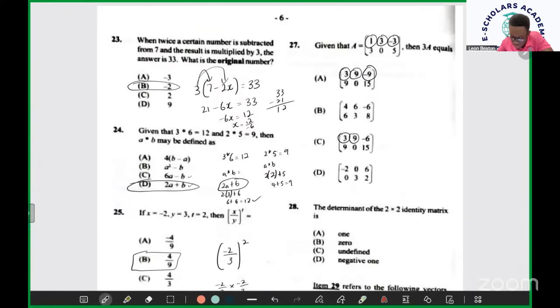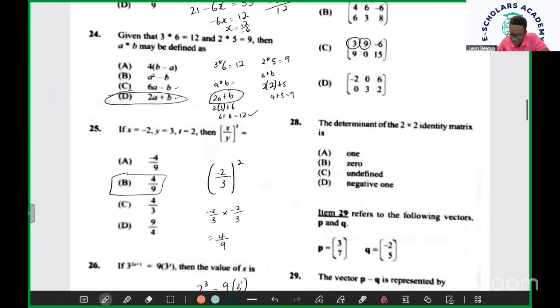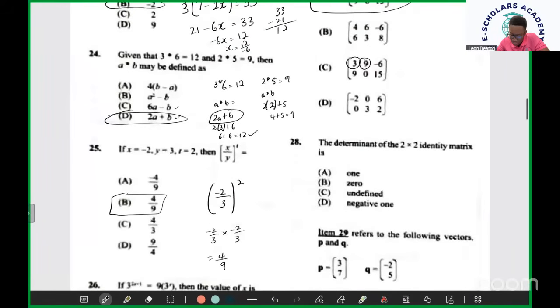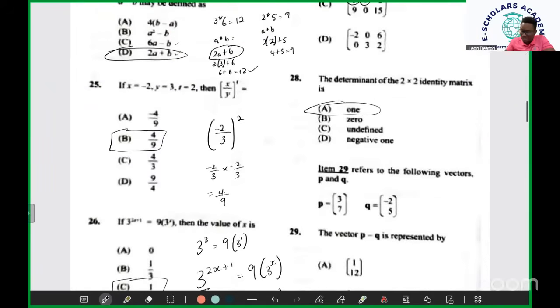So A is the answer. Determinant of the 2 by 2 identity matrix. All right, this is a giveaway. Determinant of the 2 by 2 identity matrix is 1.